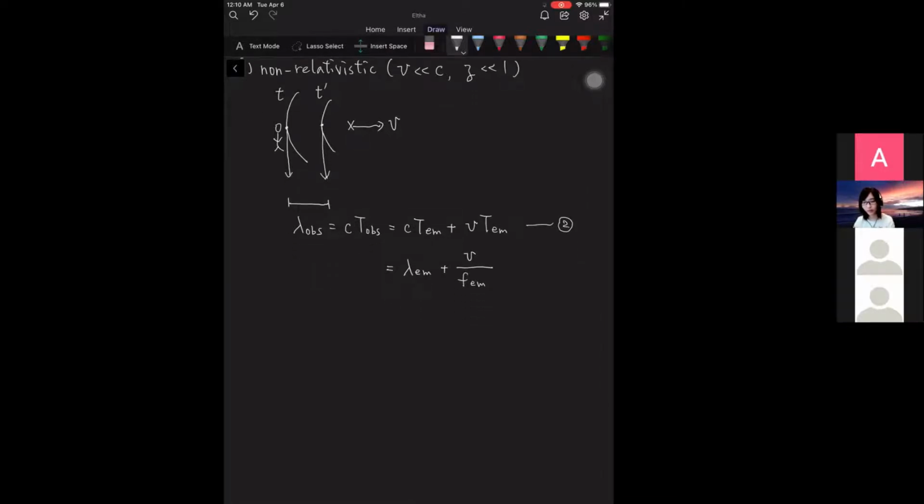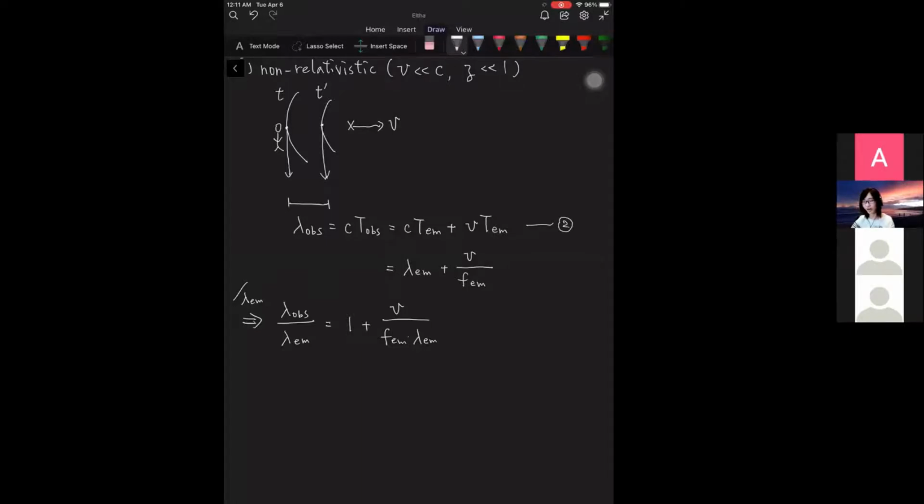Okay, so now we have the observed wavelength equals the emitted wavelength plus a distance of vT, right? And if we divide this equation by the emitted wavelength, we will get observed lambda over emitted lambda is equal to 1 plus v divided by f times lambda.